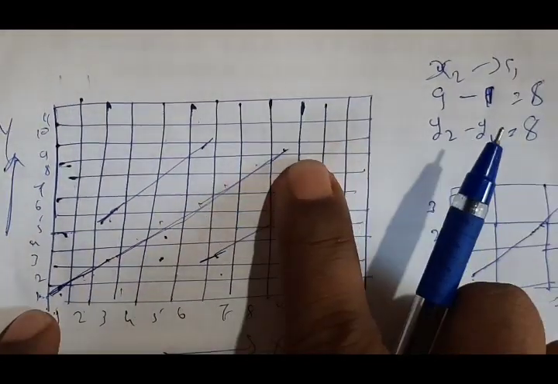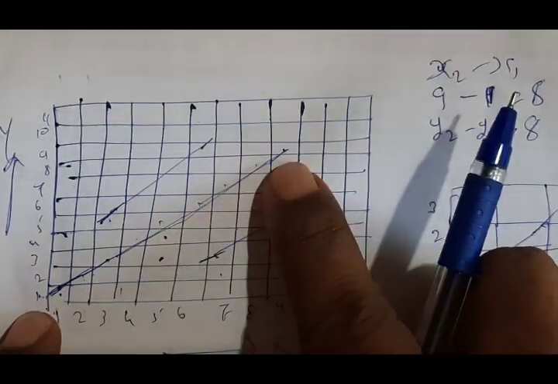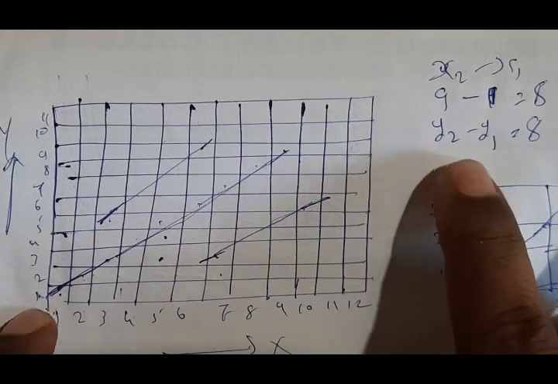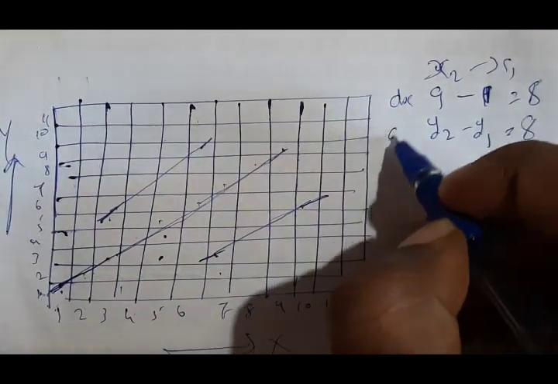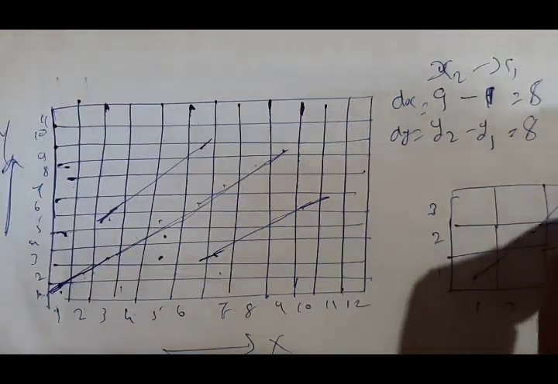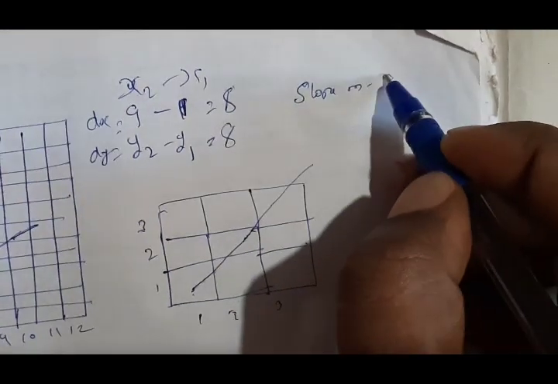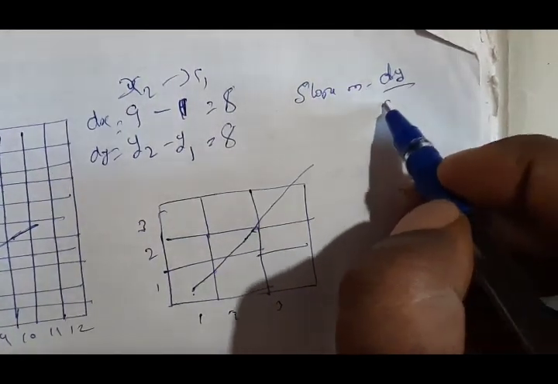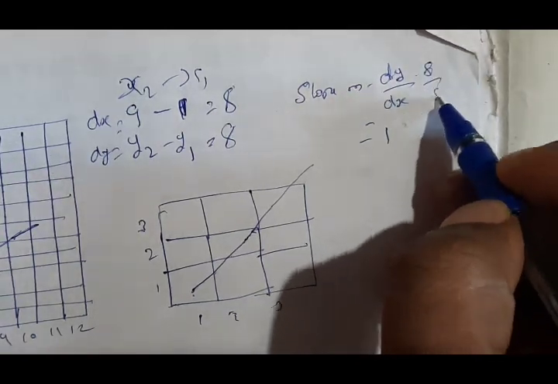If the slope m is equal to 1, the dx value and dy value are the same. That's why the slope m is equal to dy by dx, 8 divided by 8, you get 1.